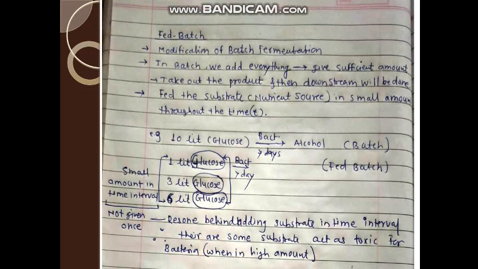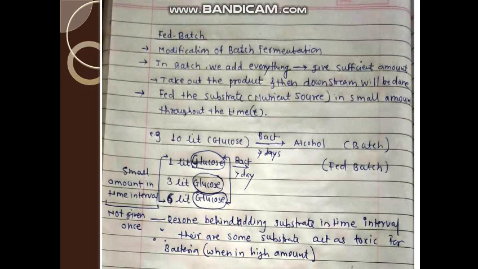This is the example of batch fermentation process. But what exactly is the difference observed in fed batch fermentation? If we take the same capacity of bioreactor, for example 10 liters, we add the substrate in installments. In the first case we add 1 liter of glucose, then after a specific time interval we add another amount, for example 3 liters, and then after some time we add 6 liters. So ultimately the capacity is fulfilled. The 10 liters of glucose is added, but the time interval is different.